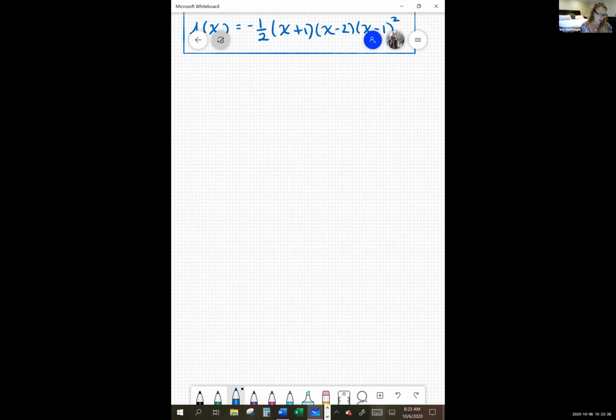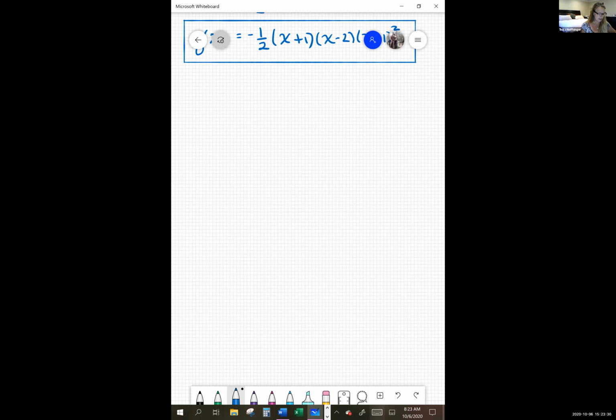Graph each polynomial function by following these steps. I didn't tell you what the steps are. So, graphing the polynomial. First, find the end behaviors of your graph.